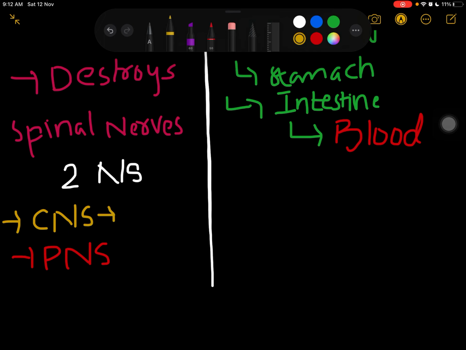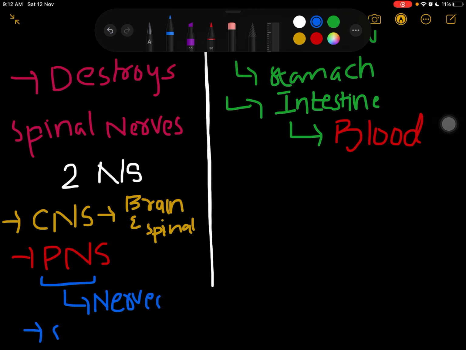The central nervous system comprises the brain and spinal cord, and your PNS comprises your nerves. Basically we have two kinds of nerves, sensory nerve and motor nerve, also known as afferent and efferent nerves. So what is the function of poliovirus? It destroys your spinal nerves, right?